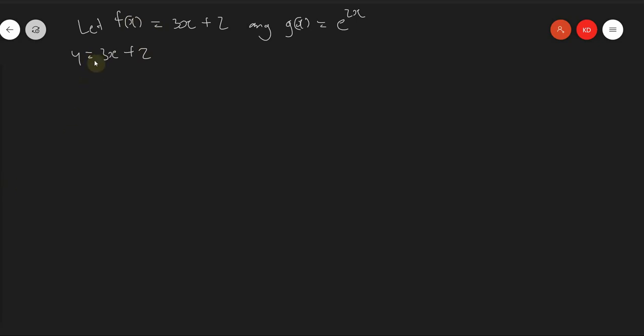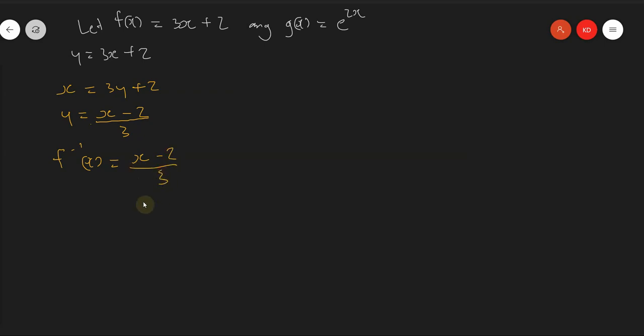So instead of y there, you would have x is equal to 3y plus 2. Then you simply solve for y. So y would be equal to x minus 2 all divided by 3. Therefore, f inverse of x would simply be x minus 2 over 3.